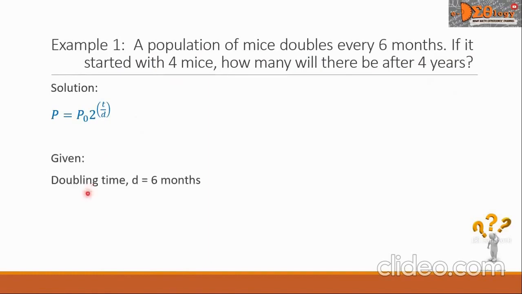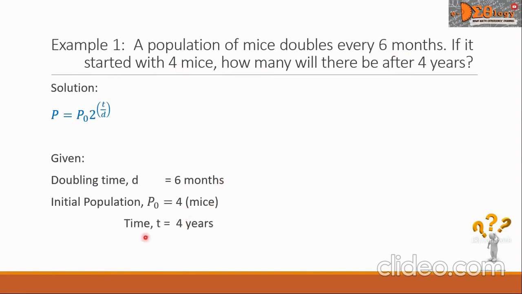First is the doubling time, and that is d, and it is equal to 6 months. Next is the initial population, and that is P sub 0, and we have here 4. Next is the time, denoted by t, which is equal to 4 years.